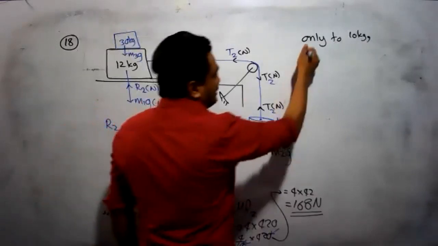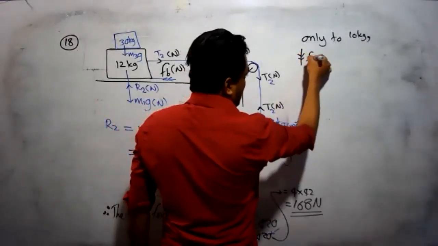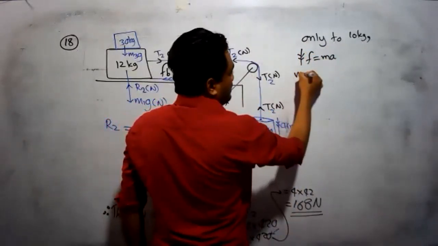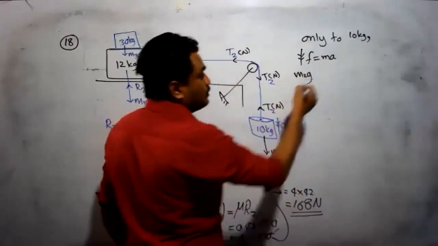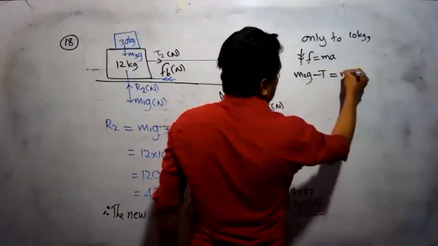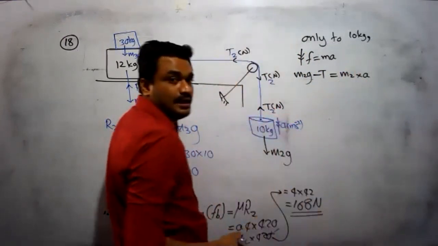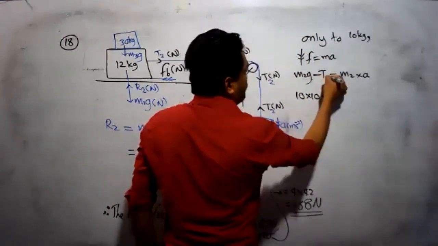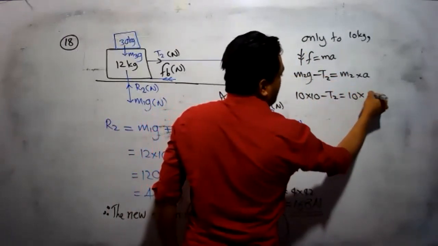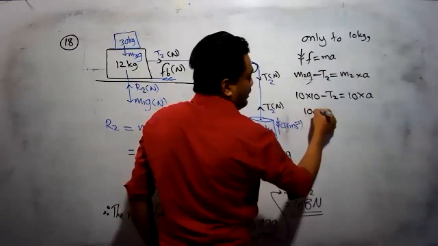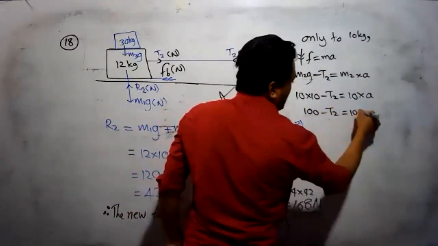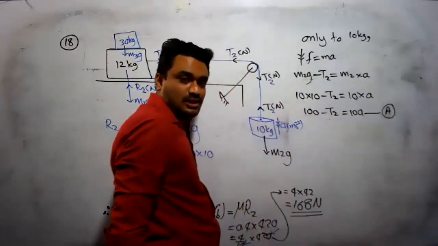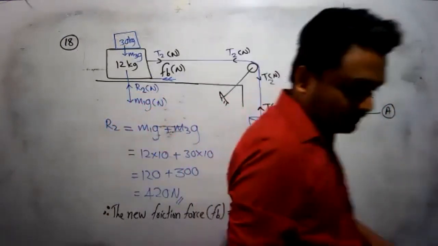Vertically downward, I can apply F equals MA. So the downward force is M2G, the upward force is T, so M2 into A equals M2G minus T. M2 is 10, G is 10, the new tension force is T2. So 10 times 10, 100 minus T2 equals 10A. Let me take this as my equation A. Write it.